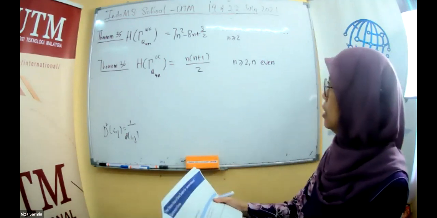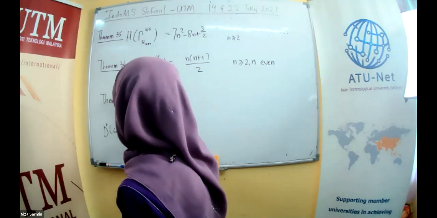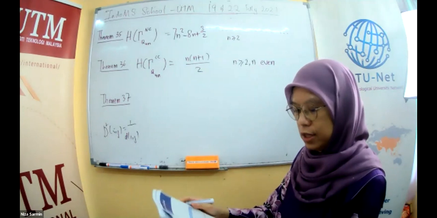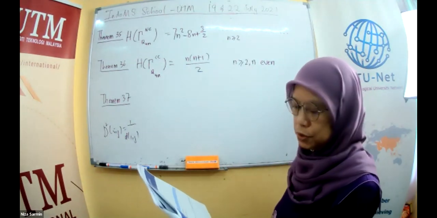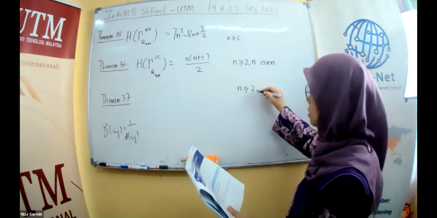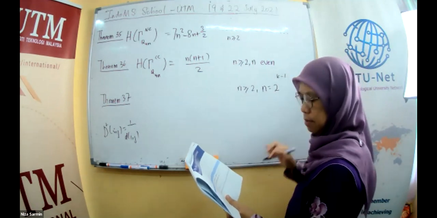Okay, the next one is for the generalized quaternion groups for the case n is 2 to the k minus 1.